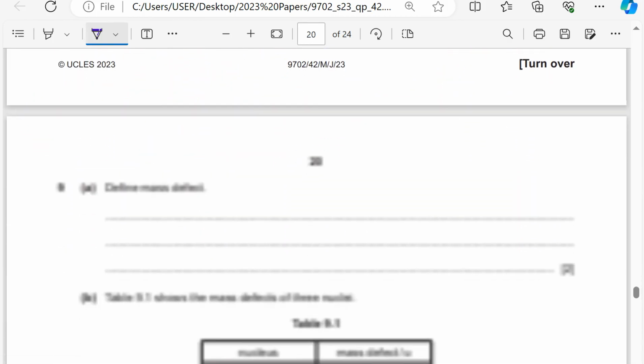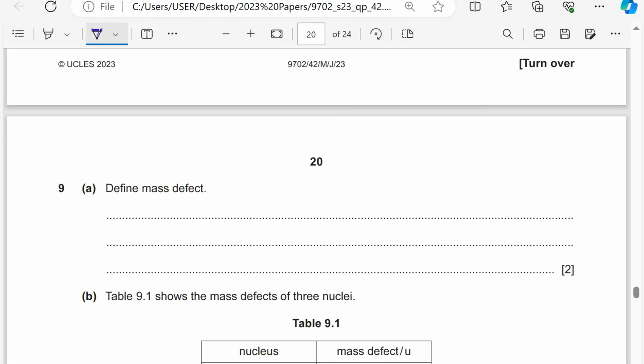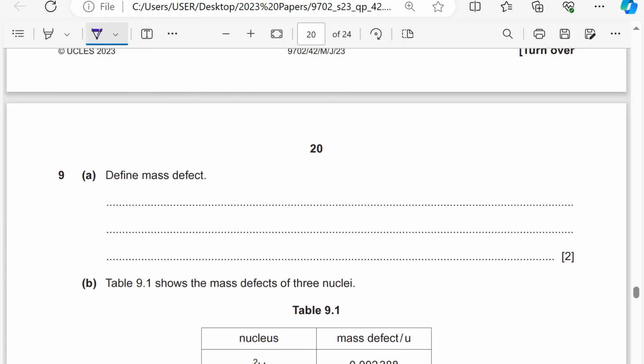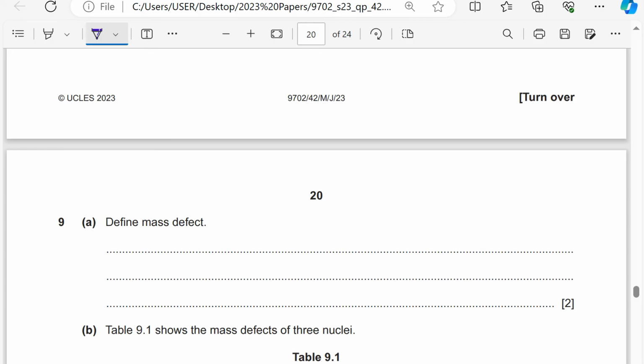Then next is nuclear physics, I think, and radioactivity. Define mass defect. What is mass defect? That is the difference between the mass of the nucleus and the total mass of the nucleons when the nucleons have been separated to infinity.